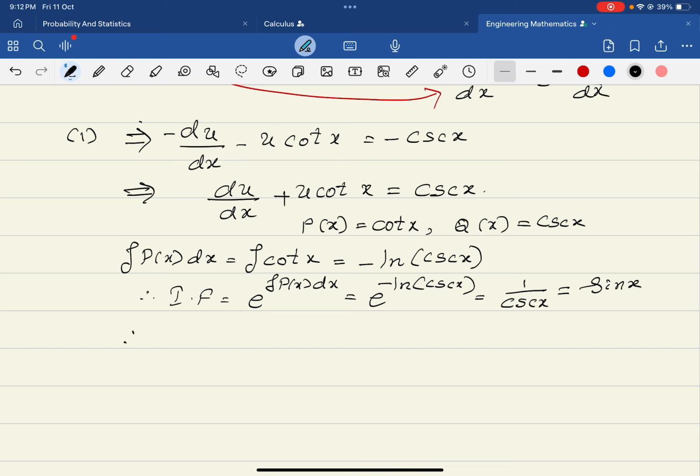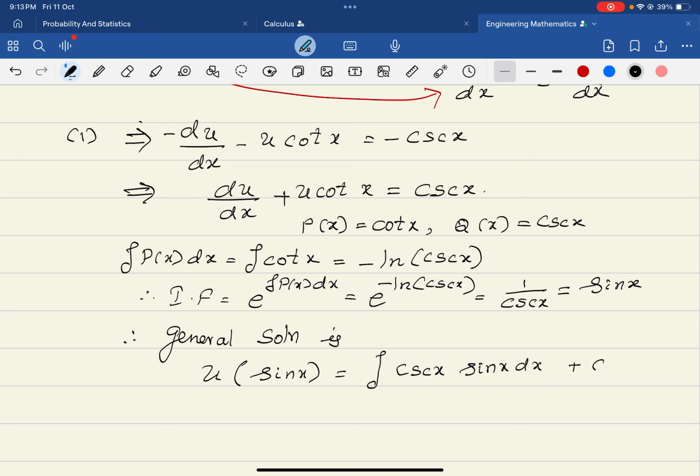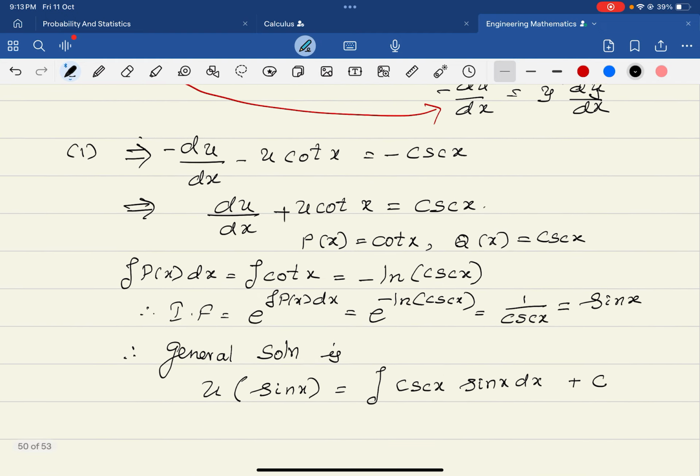So what is the general solution now? u times the integrating factor sin x is equal to the integral of q of x, cosecant x, into sin x dx, plus the constant. What is u here? u is given by y power minus 1.